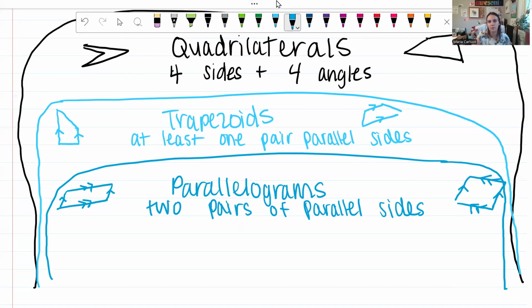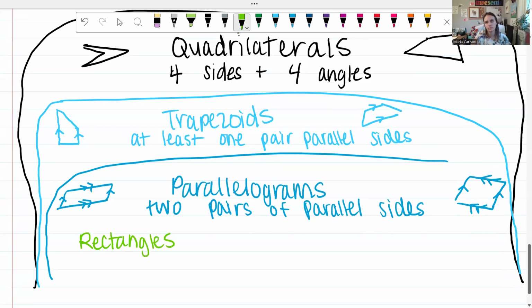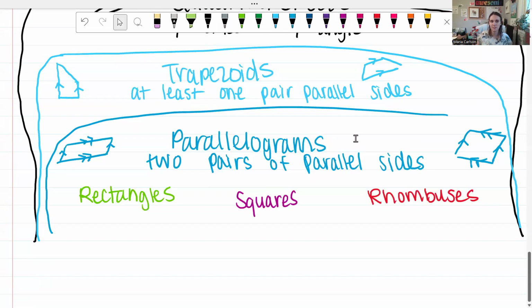And now within the realm of our parallelograms, we have rectangles, rhombuses, and squares. So what is the difference? All of these are types of parallelograms, yes.